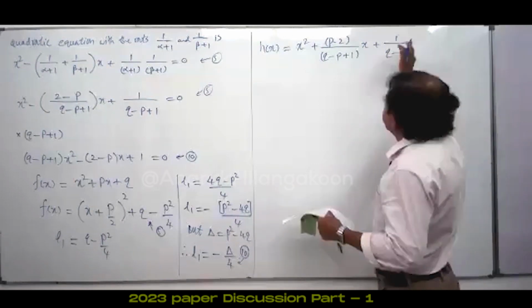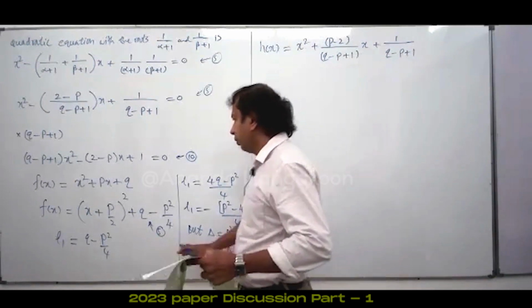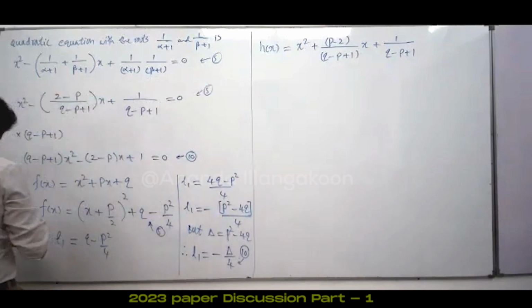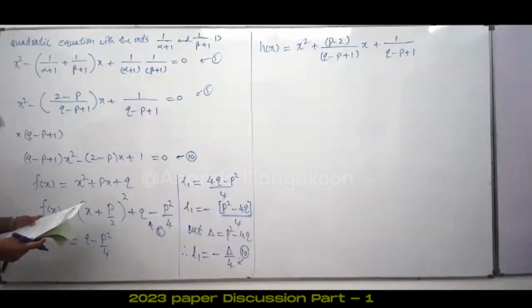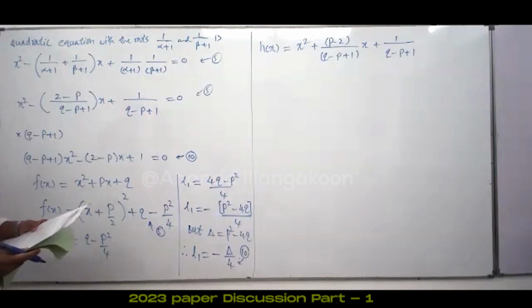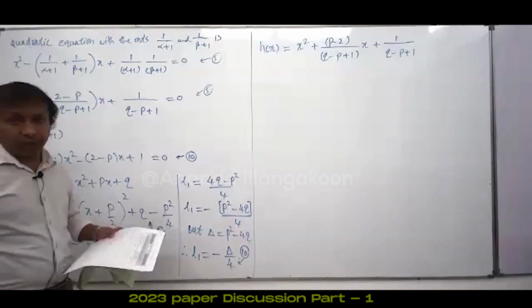This is a quadratic function. Right. Here also we had a quadratic function. If the minimum value of hx is L2, show that L2 is this answer.